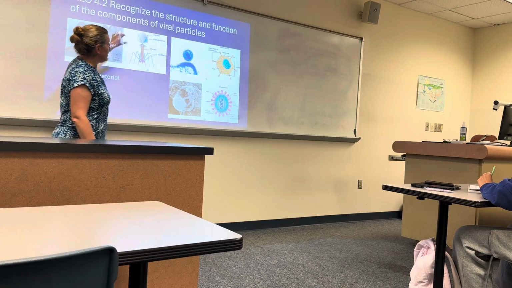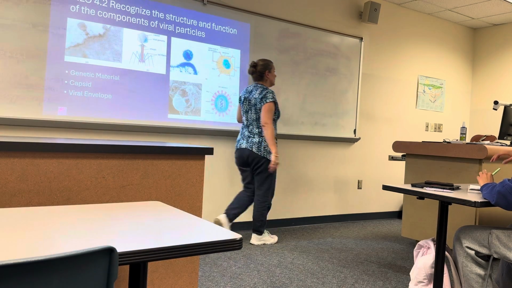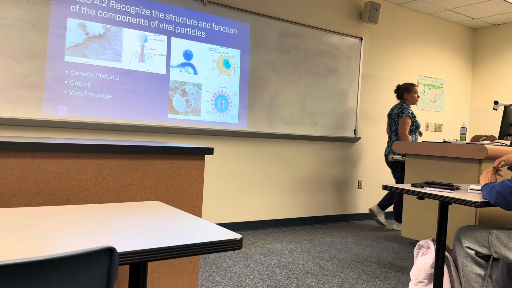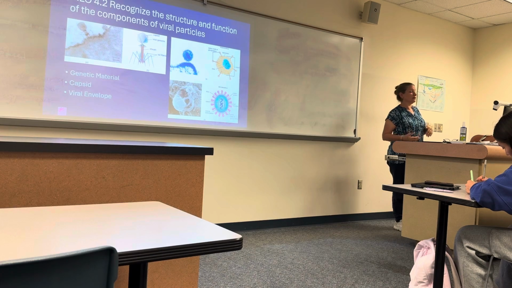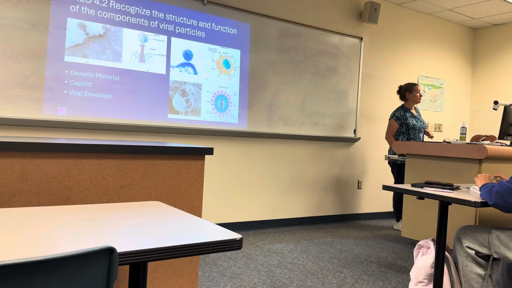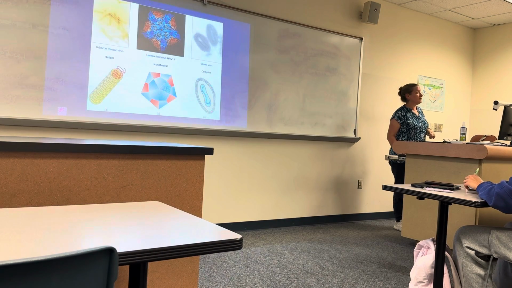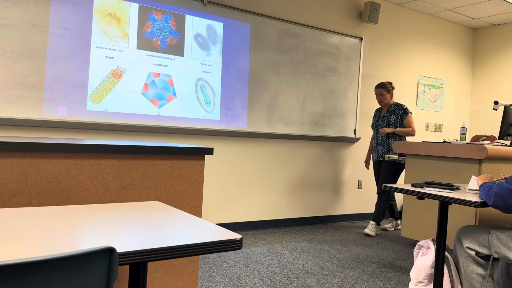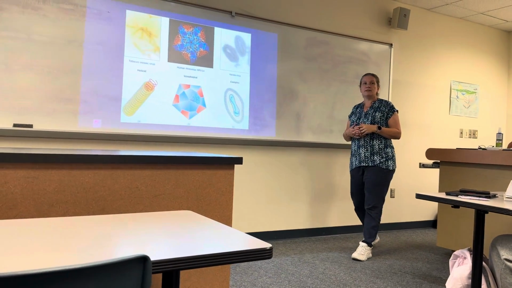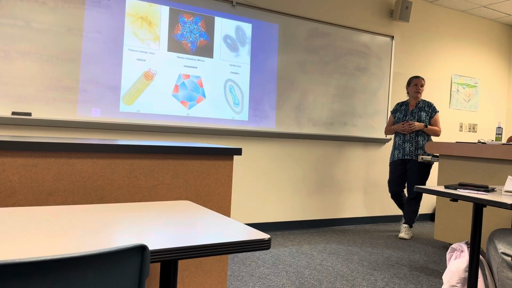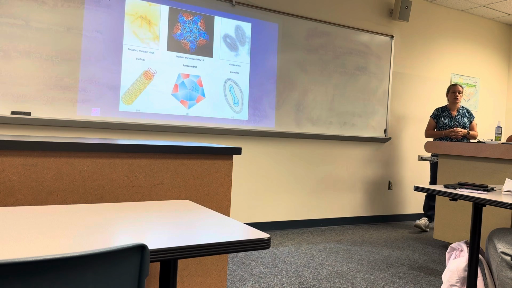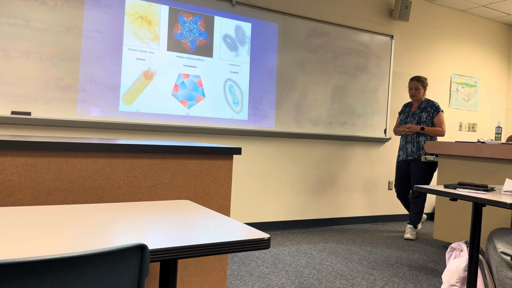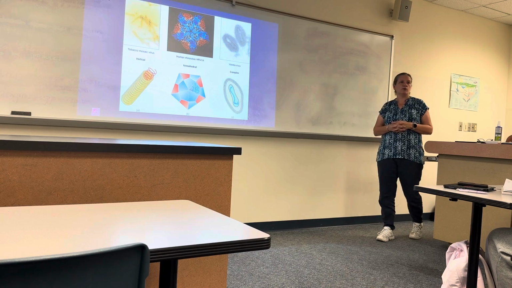But it too has that capsid and genetic information as part of the structure to move while outside of the host cell. Once the virus moves into the host cell, the capsid, and the envelope if it has one, are going to be removed. So it's only the genetic information and any specialized proteins needed for reproduction that will enter the host cell.